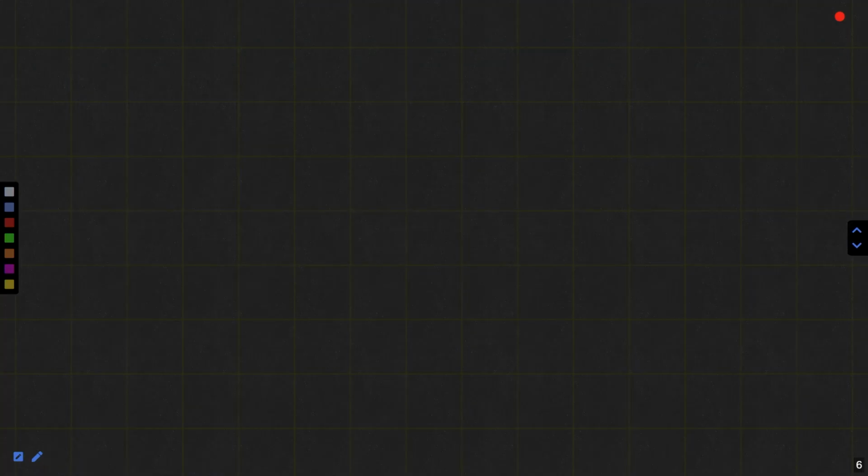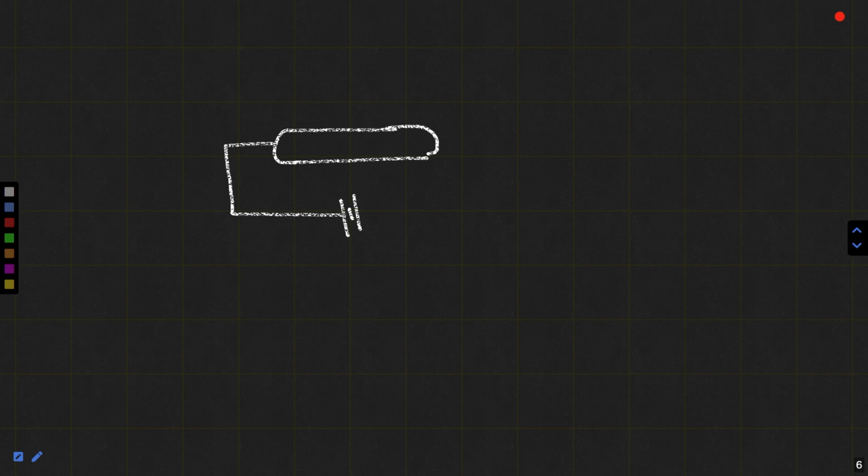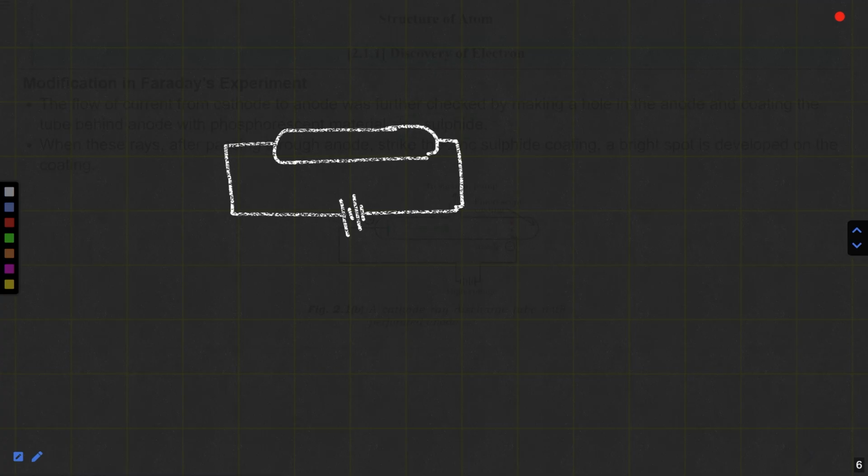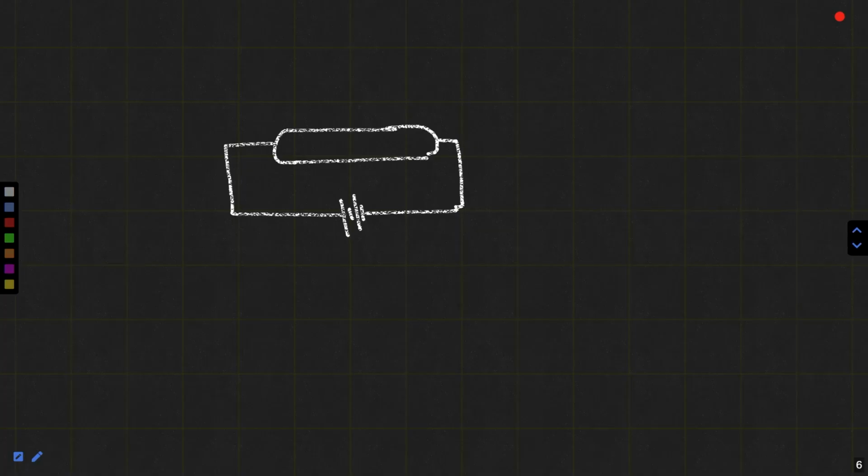So our experiment goes like this. So this is our tube. And here we are supplying a very high voltage. Suppose this is your cathode.